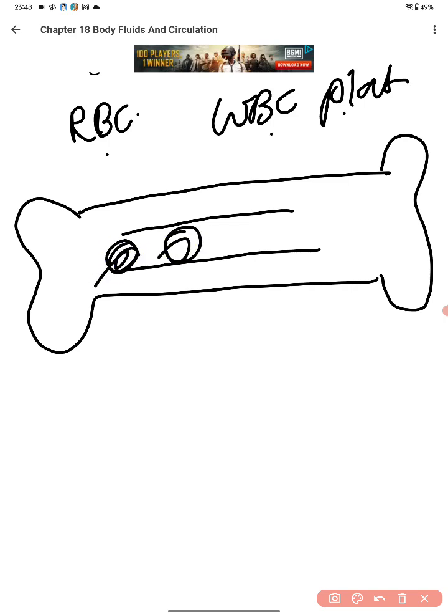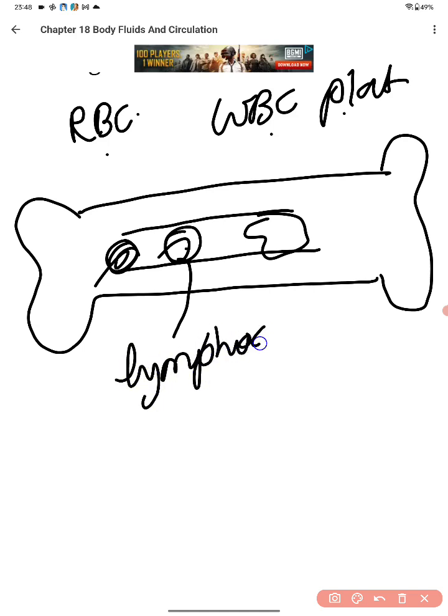For lymphocytes especially, they are born from the bone marrow. But some of the lymphocytes go to the thymus.